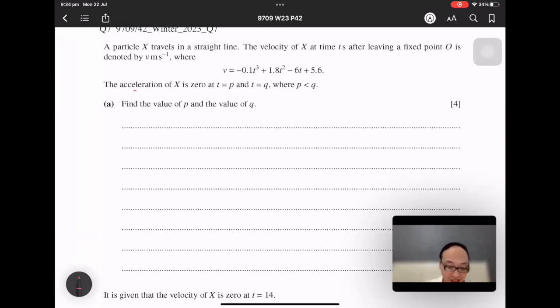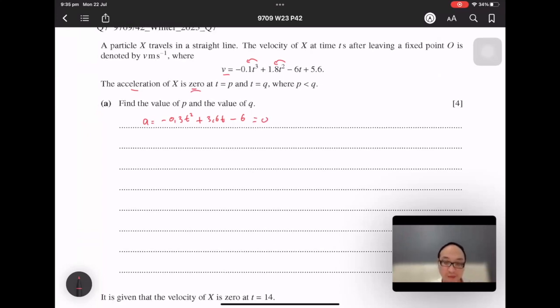So the acceleration is 0. Acceleration is the first derivative of the velocity. So the acceleration is negative 0.3 t squared plus 3.6 t minus 6, and this equals 0, according to the question, at p and q.